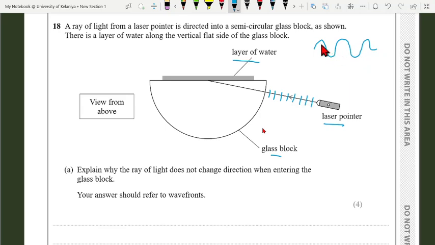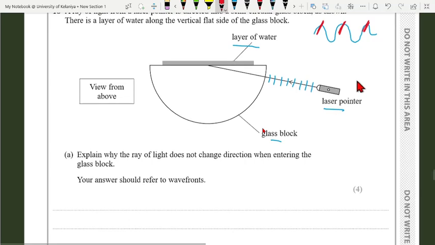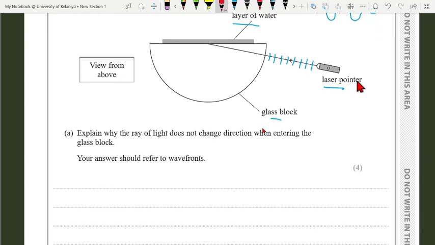So wavefronts are these points. So how can we write our answer? Here they have given 4 marks for this question.